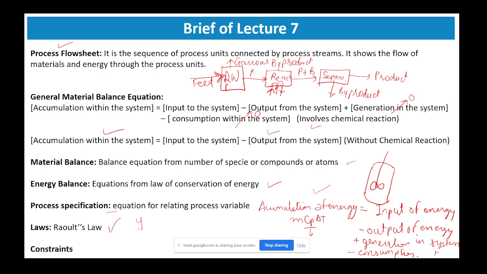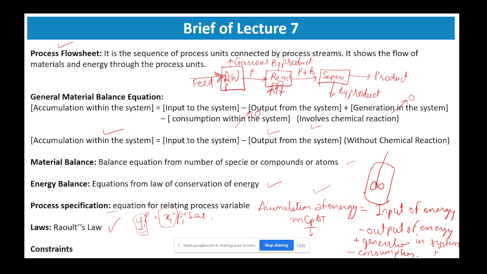Raoult's law is nothing but y_i times total pressure equals x_i times the saturation pressure of i. It relates the mole fraction in the gaseous state and in the liquid state. So it all depends on the system. We can have various laws which will give one equation to be solved.